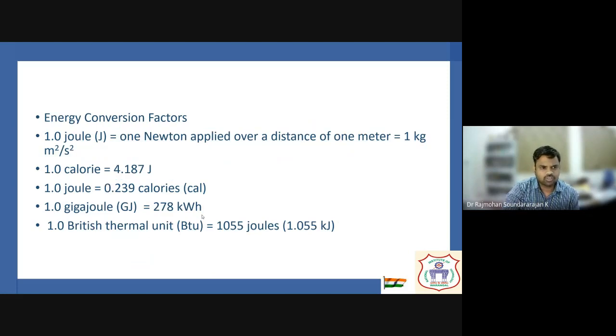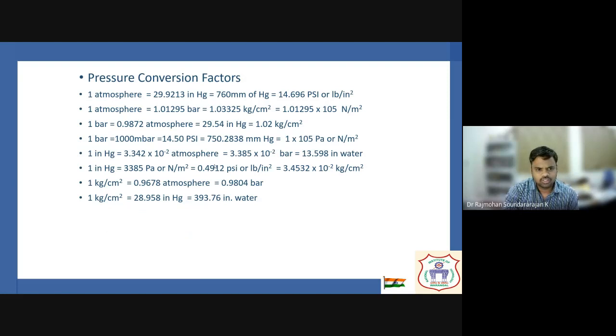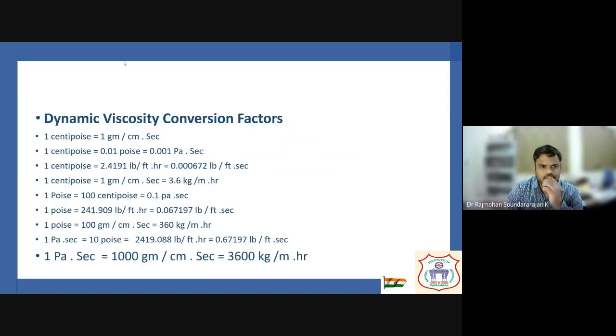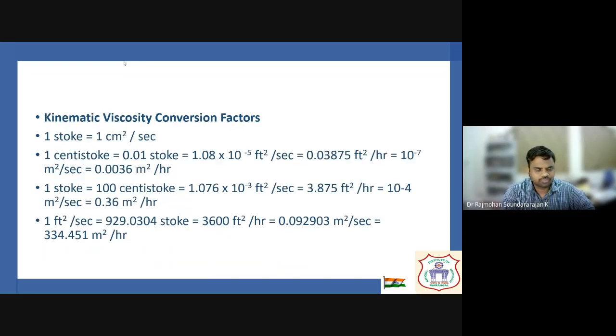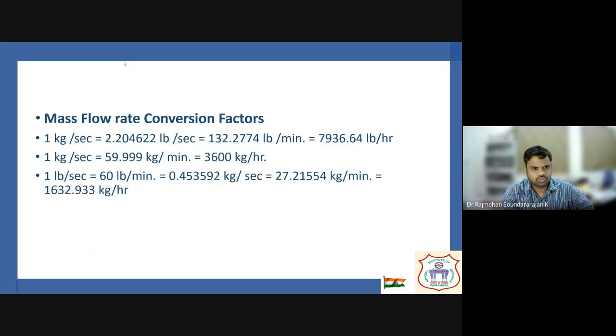Similarly, we have conversion factors for energy. How much 1 joule is equal to in calories, and 1 calorie in joules. These conversion factors are important. Similarly, pressure, as in fluid mechanics we will be using pressure values in different unit systems, we should know that. Viscosity also comes into the picture for fluid mechanics, so we should be able to convert centipoise to Pascal second, and know what kinematic viscosity is, what a stokes is.